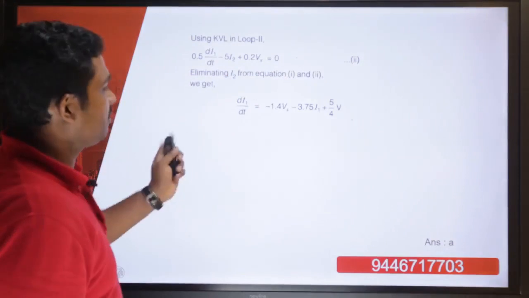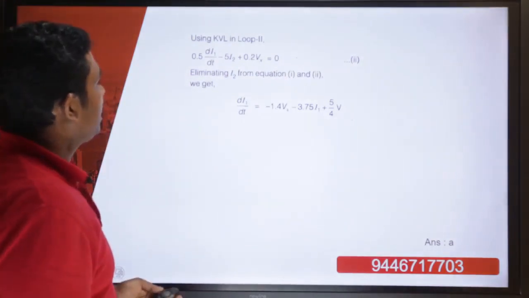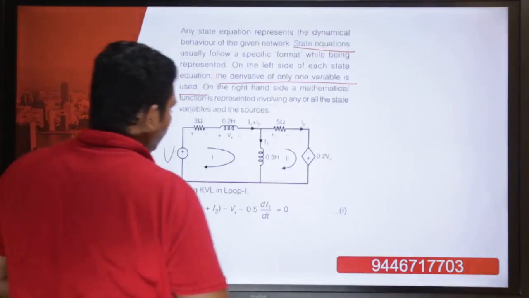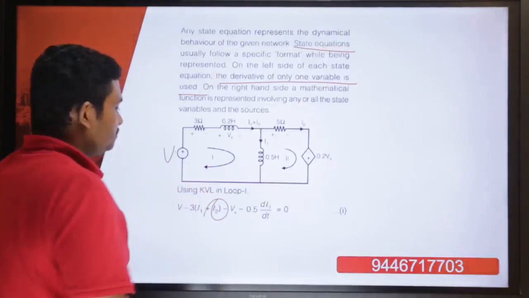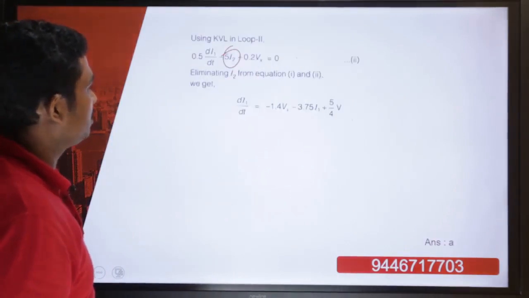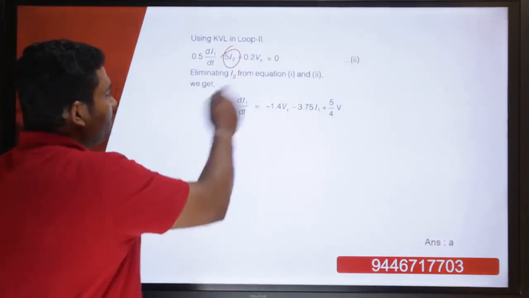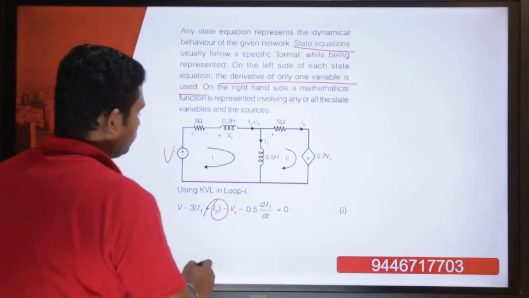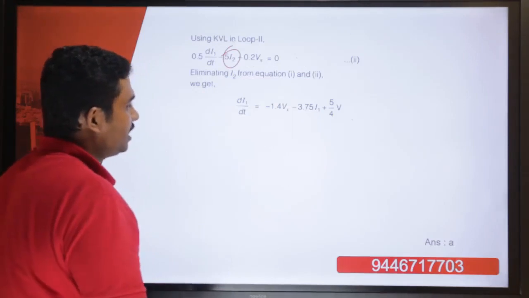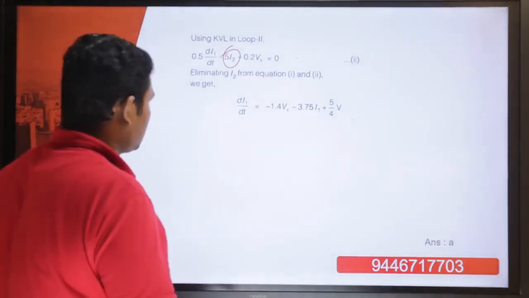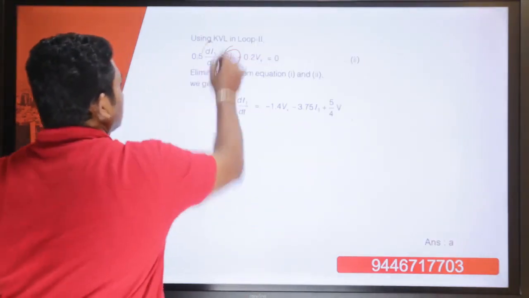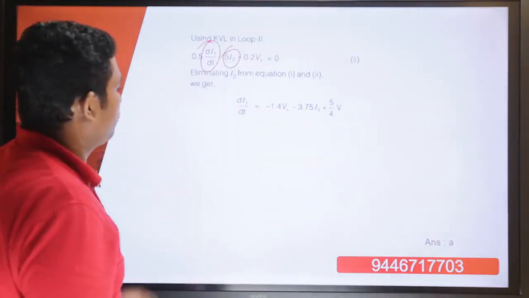So this is equation number 1 and equation number 2, and we are going to eliminate I2 from equation 1 and equation 2. When eliminating I2, because it is 5 I2 in one and minus 3 I2 in the other, we will get an expression of di1 by dt, because di1 by dt is present in both the equations.